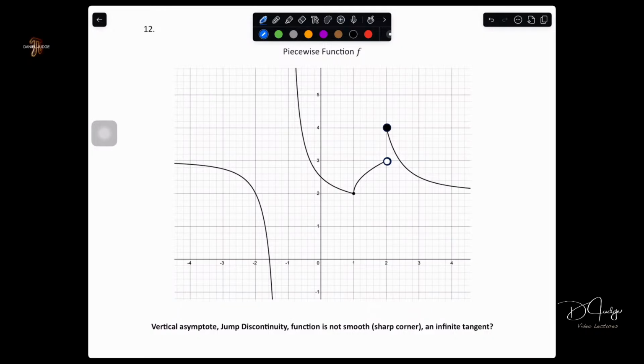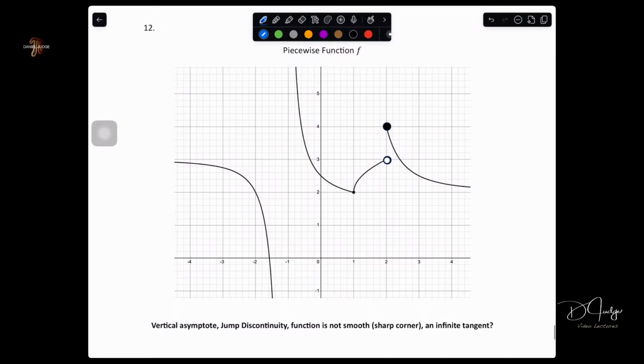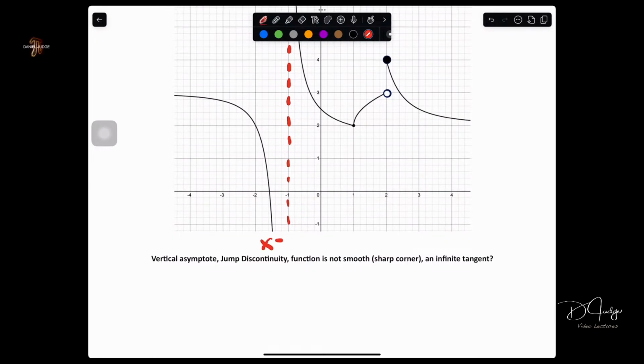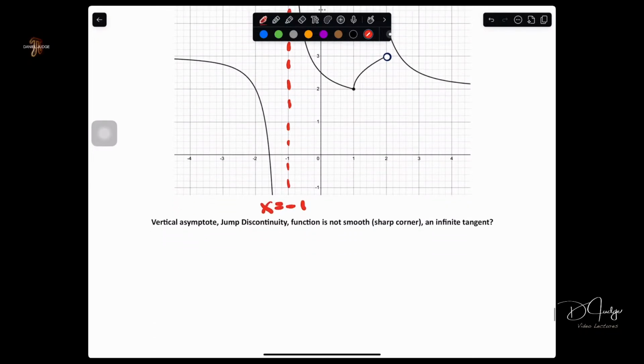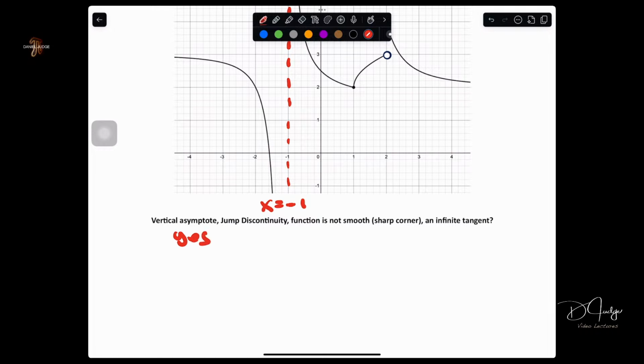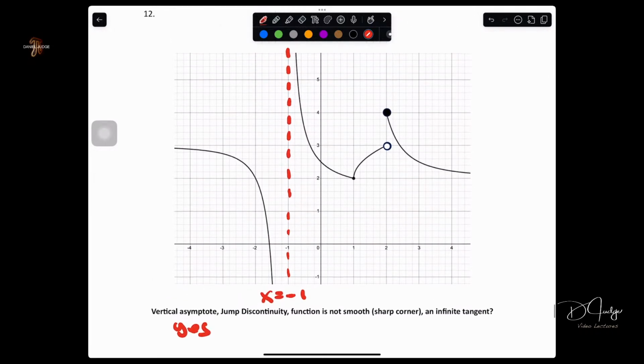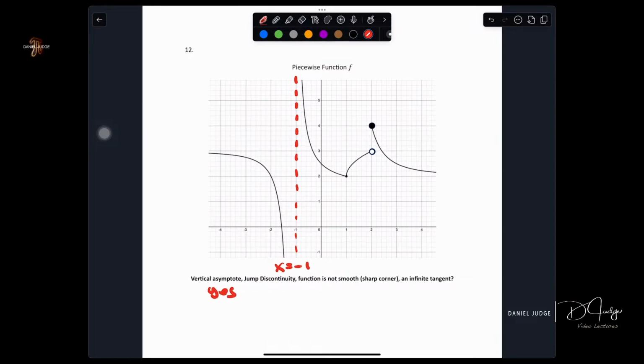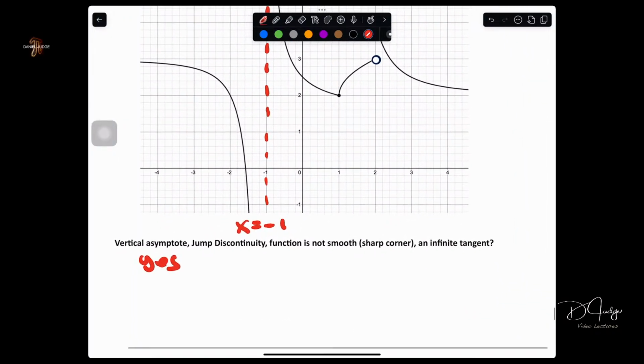This is a function f. Now, it's hard to see, but this function looks to me like it has a vertical asymptote right here at x equals -1. So yes, this is the location where it's not differentiable due to having a vertical asymptote. It's not differentiable at this -1 location here.